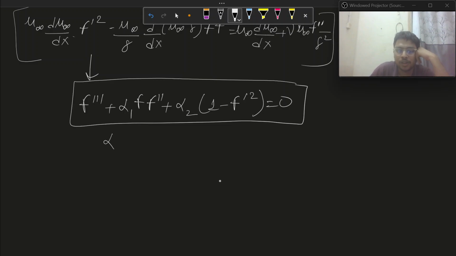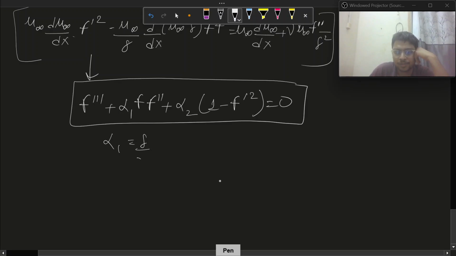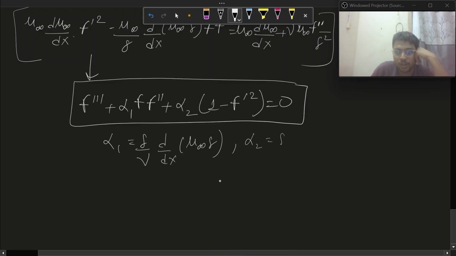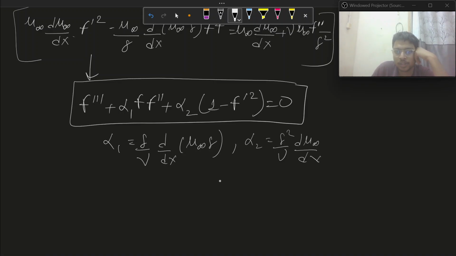Where α1 is equal to ξ by ν d/dx of (u_infinity ξ), and α2 is equal to ξ square by ν du_infinity/dx.